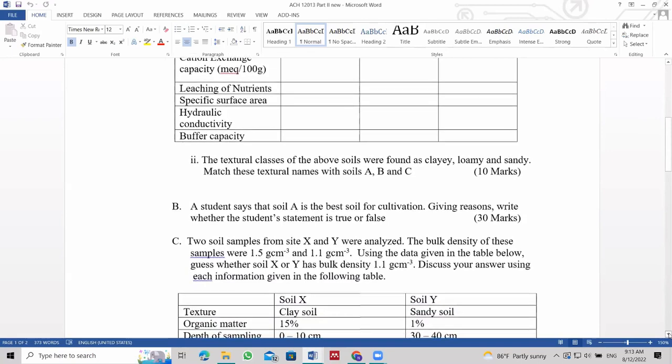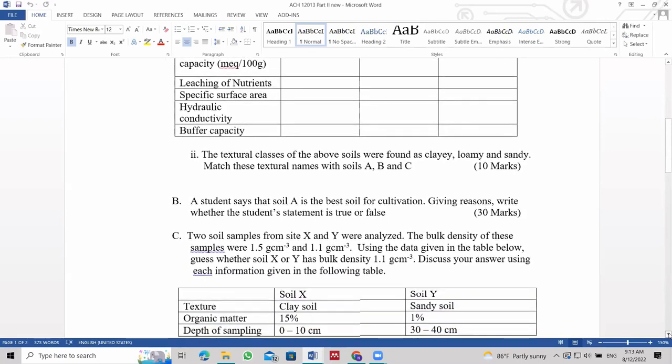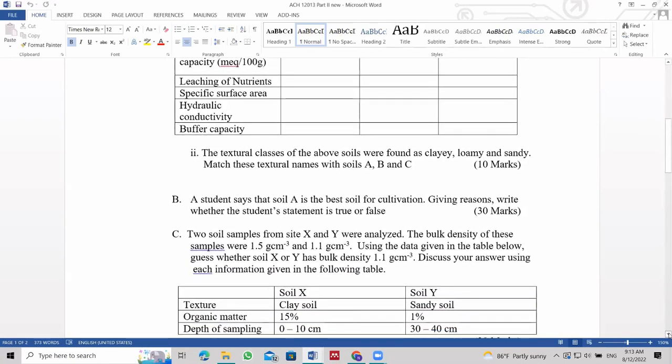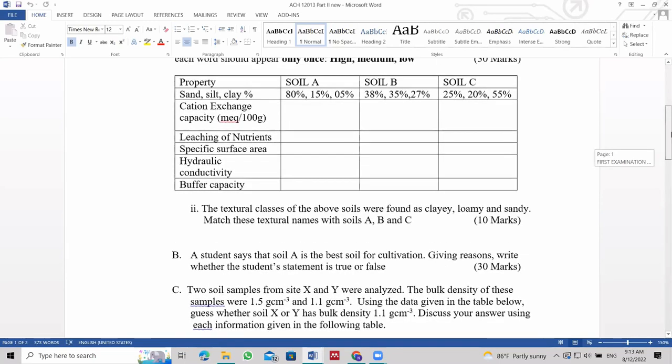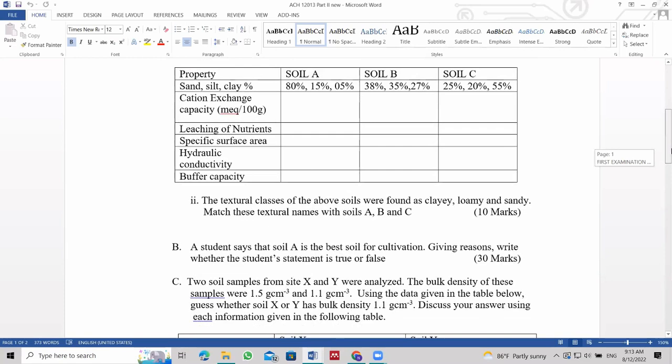Then a student says soil A is best for cultivation. Giving reasons, write whether the student's statement is true or false. Soil A is best for cultivation. False.